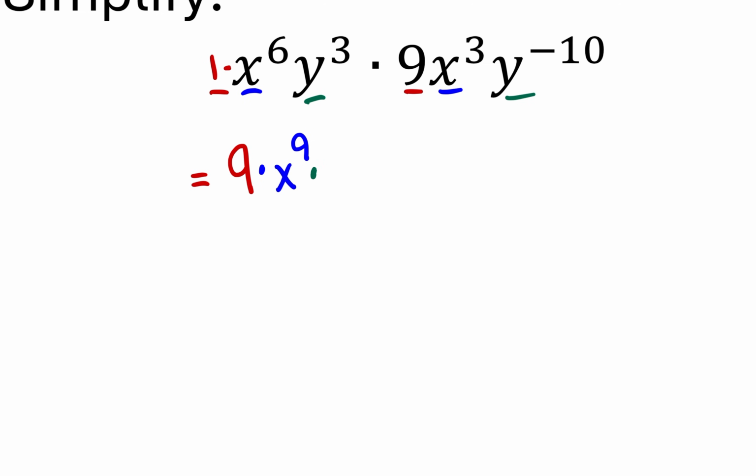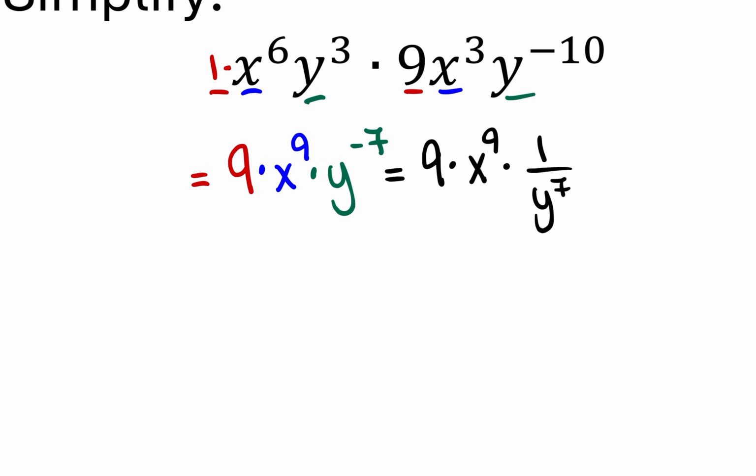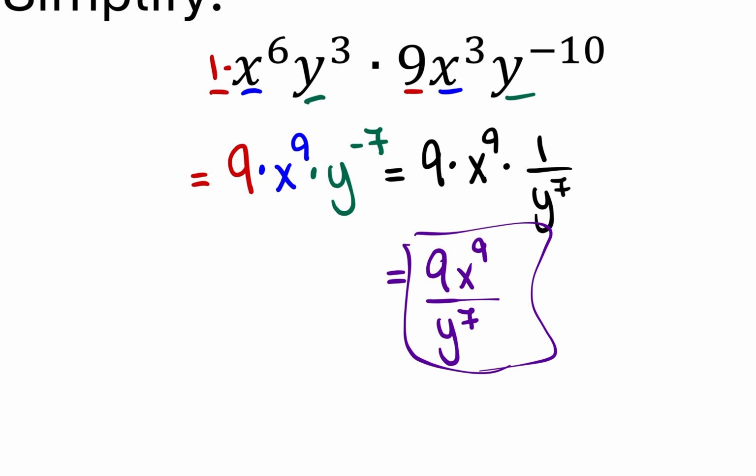So that's going to turn into y to the negative 7. Okay, and this is going to simplify to 9 remains the same, x to the 9th remains the same, times 1 over y to the 7th, which can be simplified to give us 9x to the 9th divided by y to the 7th as the final solution.